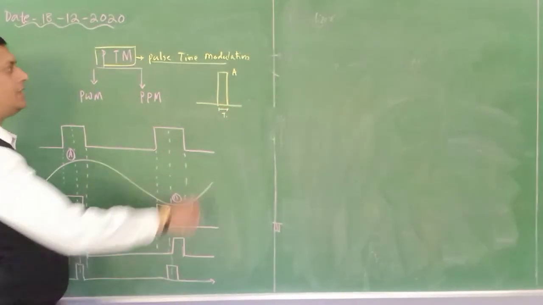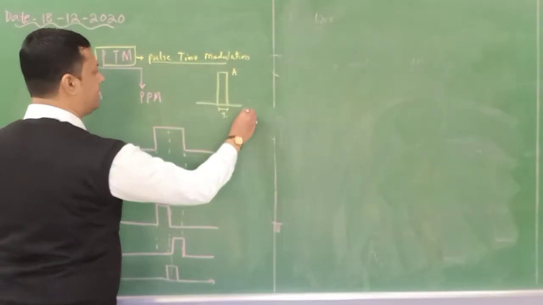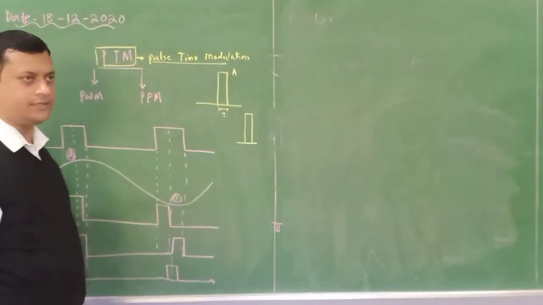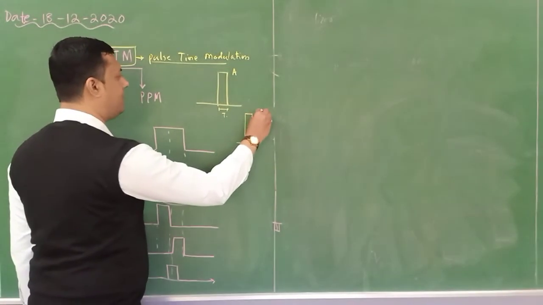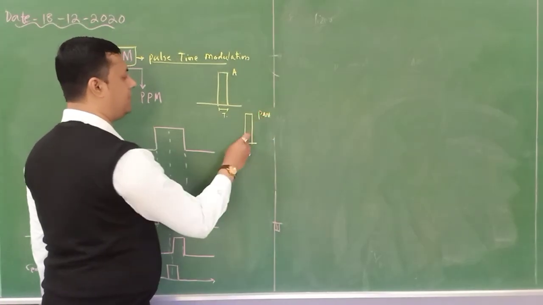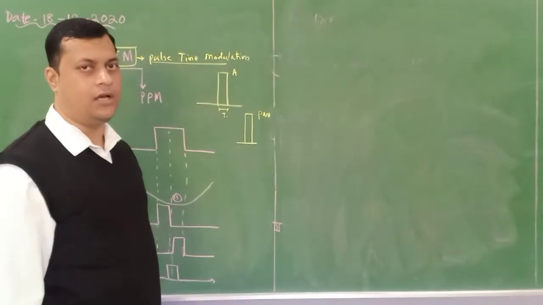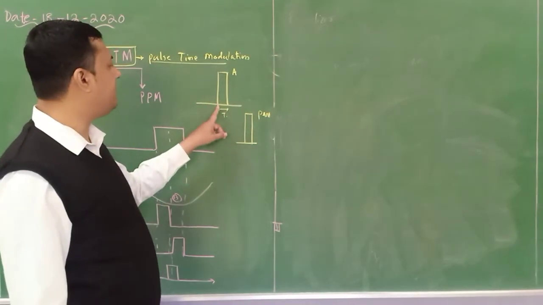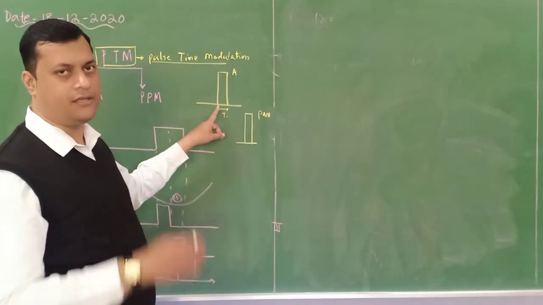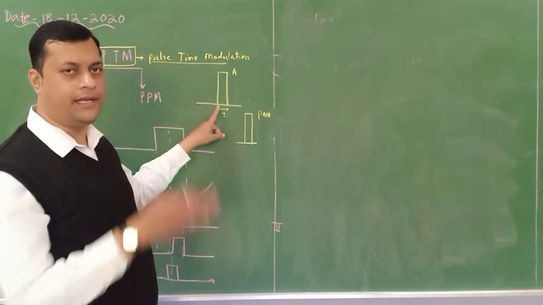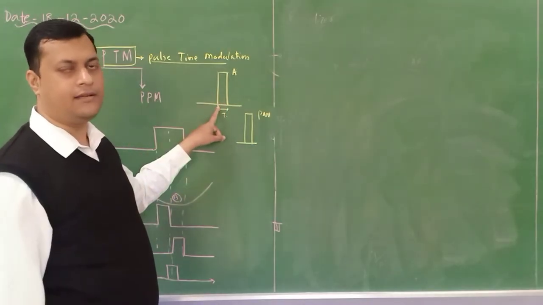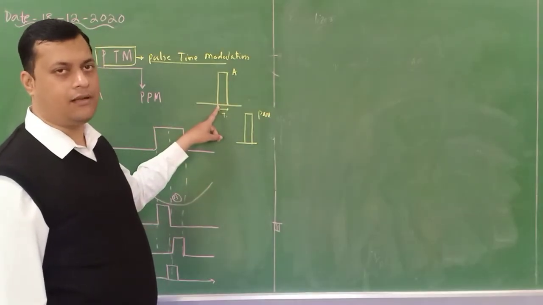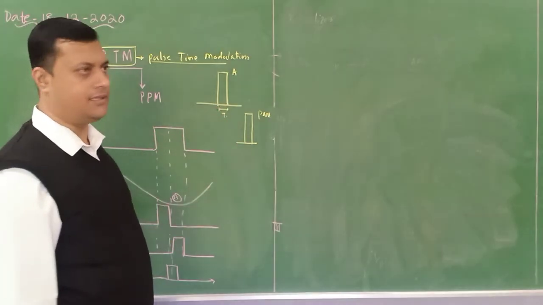If the amplitude is varied with respect to the given message, it is called PAM. In PAM, the position does not change and the width also does not change. The pulse remains at the same time position and, for the certain pulse width, it remains constant. Then it is called a PAM signal.